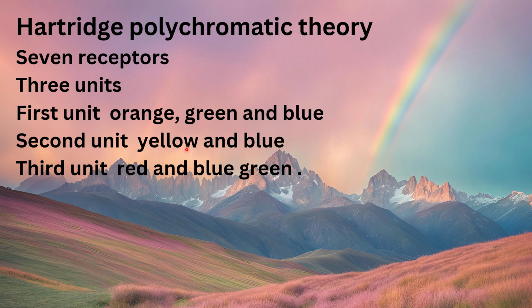Second unit is the dicolor unit with receptors for yellow and blue color. Third unit is another dicolor unit with receptors for red and blue green. This is the Hartridge polychromatic theory.